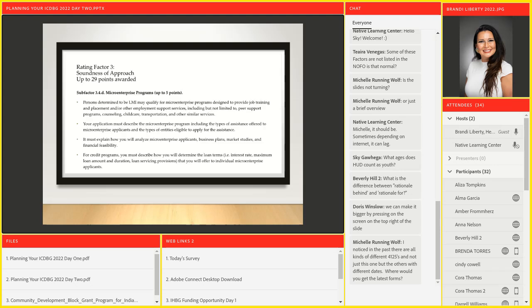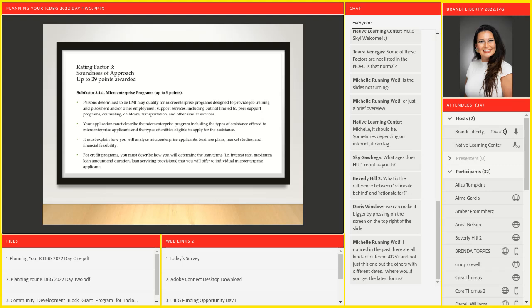For those of you that may be doing a micro enterprise program, persons that are determined to be low to moderate income may qualify for a micro enterprise program designed to provide job training and placement or other employment support services, such as peer support programs, counseling, childcare, transportation, and similar services.